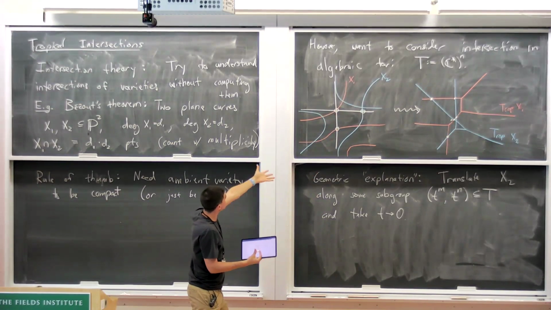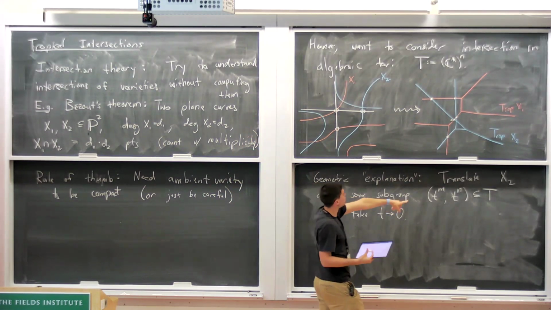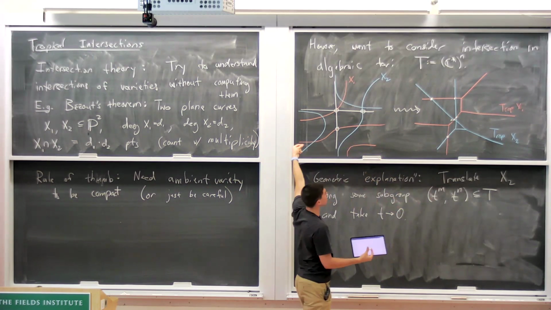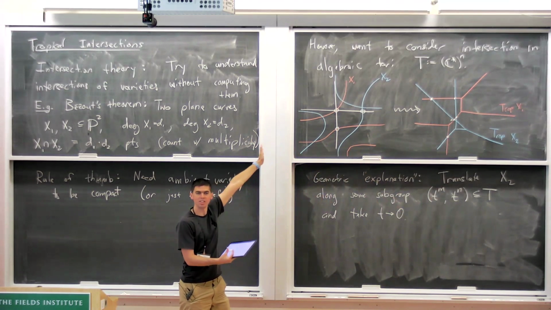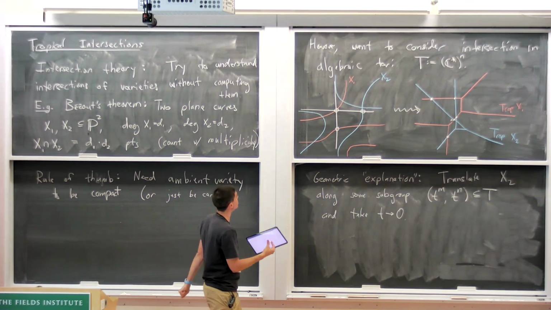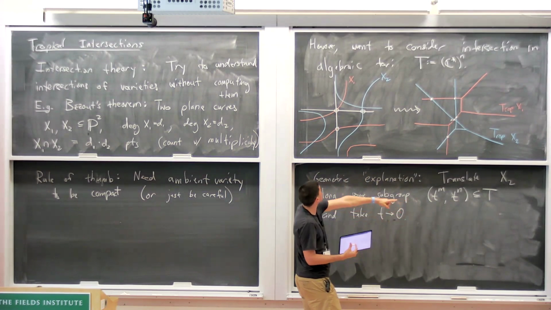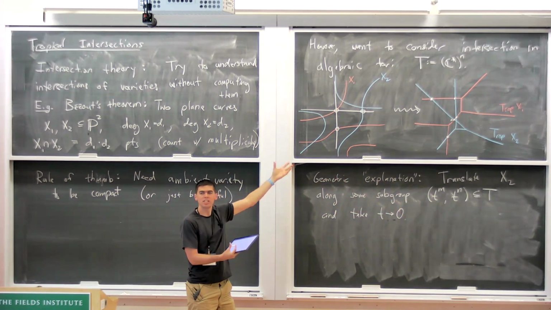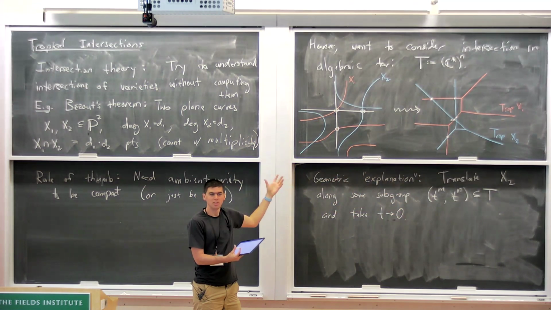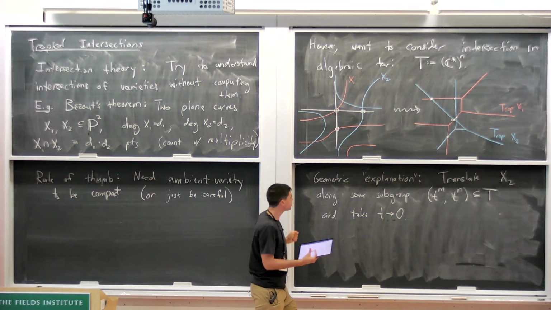Depending on how I do it, if m and n were 1, then I might get a union of lines through the origin in the limit as t goes to 0. And so generally, as t goes to 0 and I take this limit, x2 is going to turn into some very simple subvariety, something that is very easy to compute the intersection with x1.